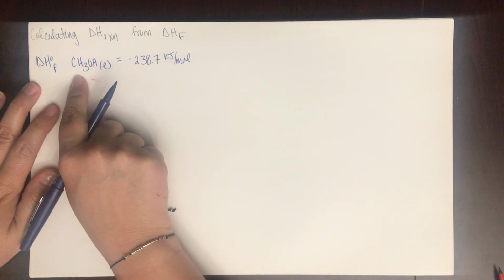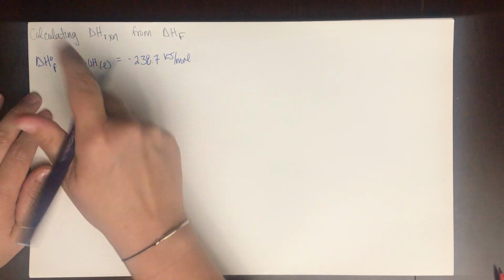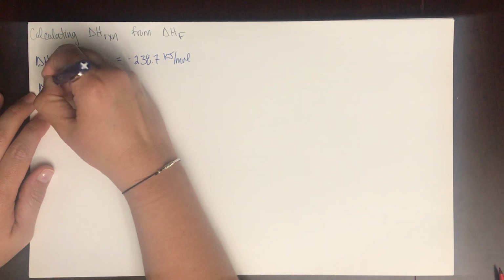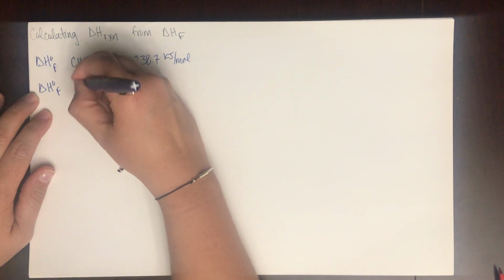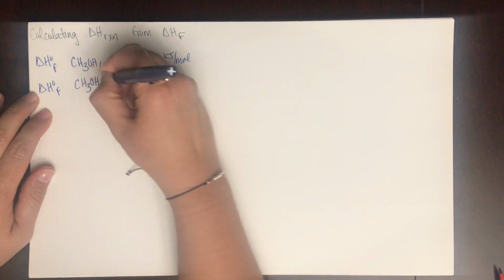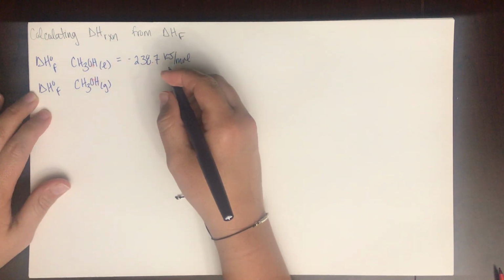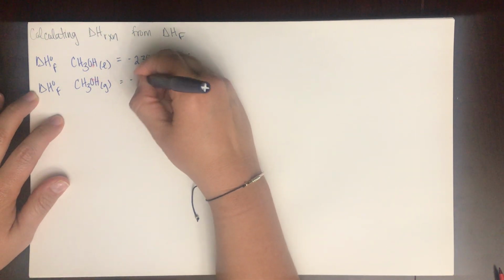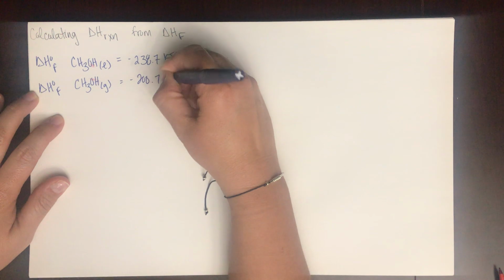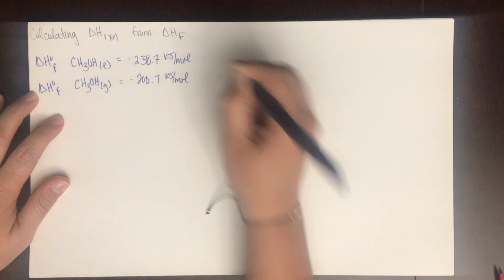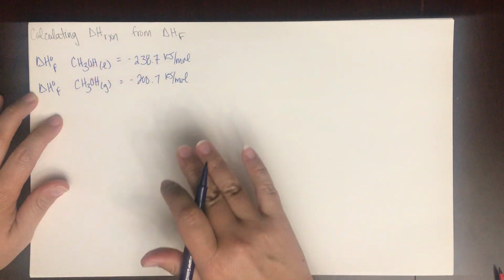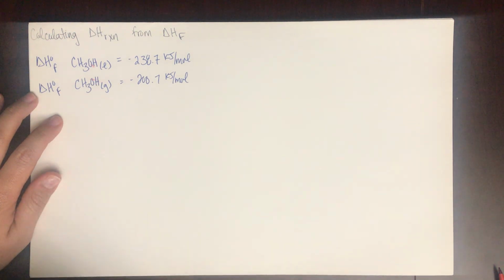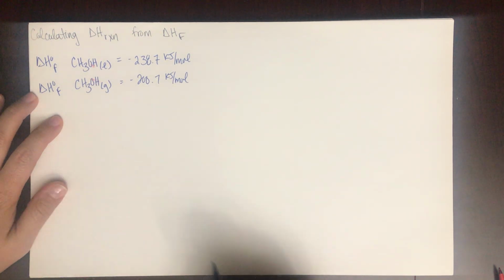This would be given to you. You would look this up in a book if it wasn't given to you. The delta H of formation of gaseous methanol is negative 200.7 kilojoules per mole. So this would all be given to you. So now the question is, what is the heat of vaporization for methanol?